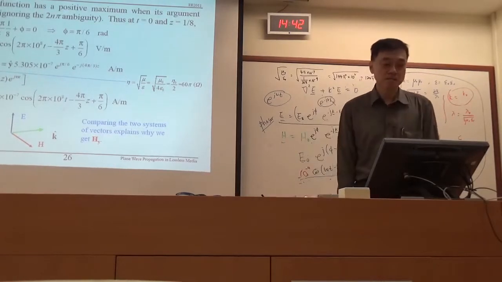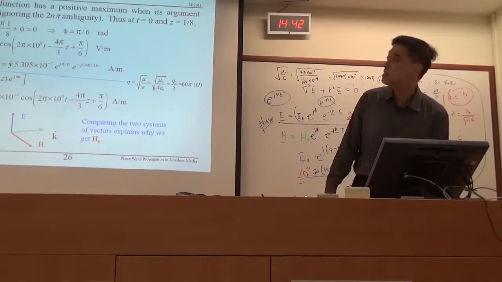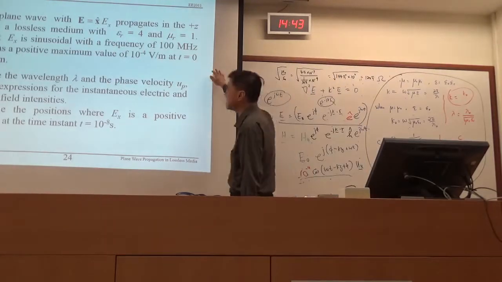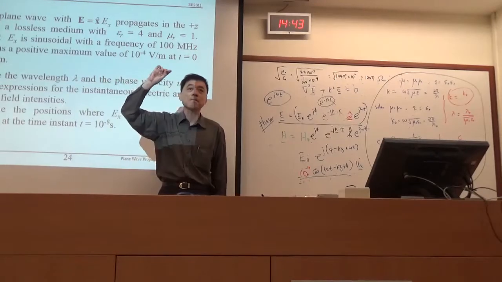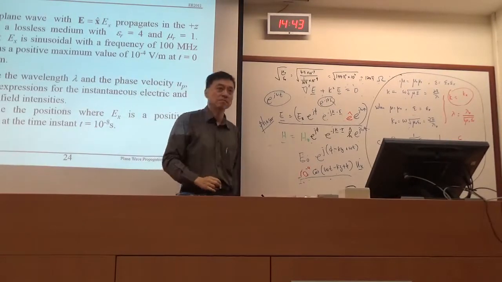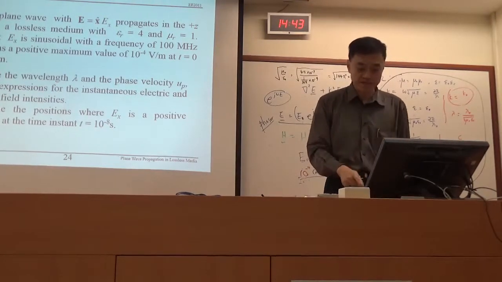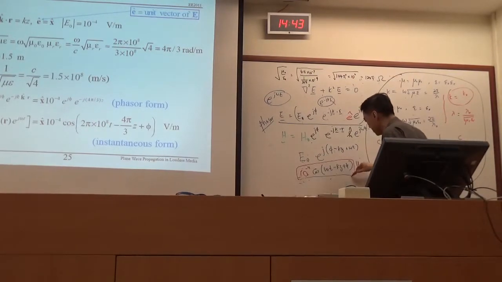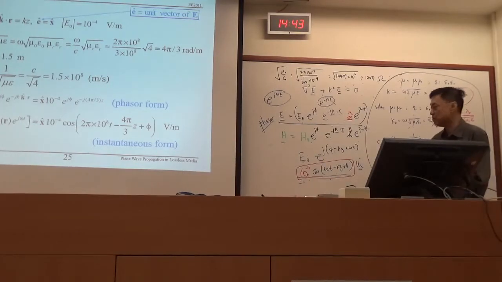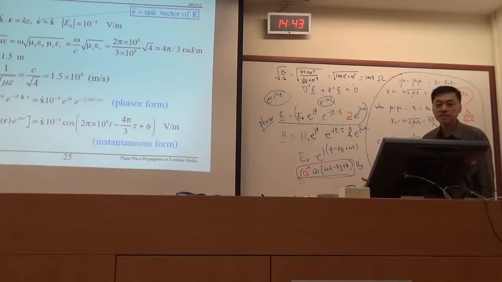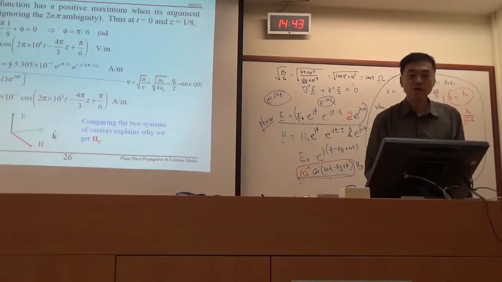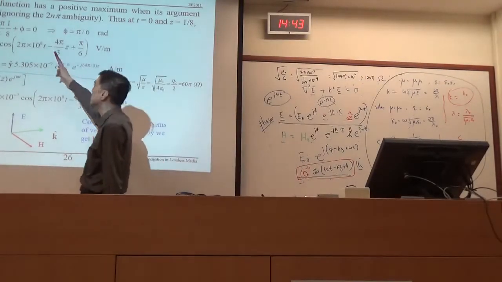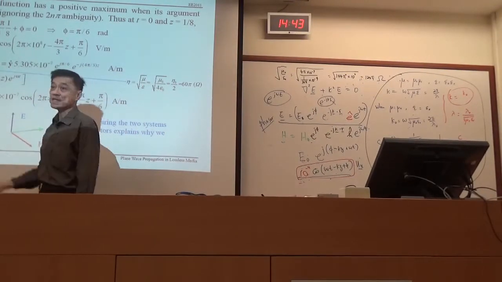Now I can make use of the statement that the electric field has a positive maximum value at t equal to 0 and z equal to 1 over 8. The value becomes a positive maximum when the argument of the cosine term equals 0.